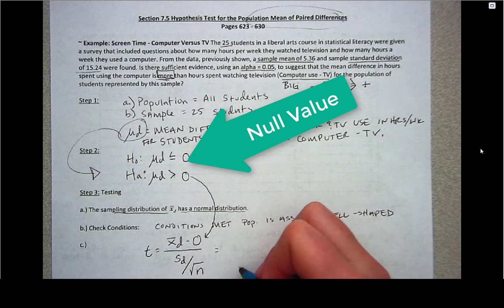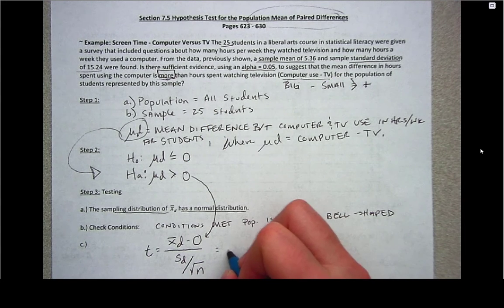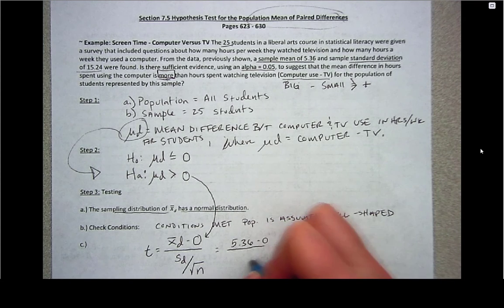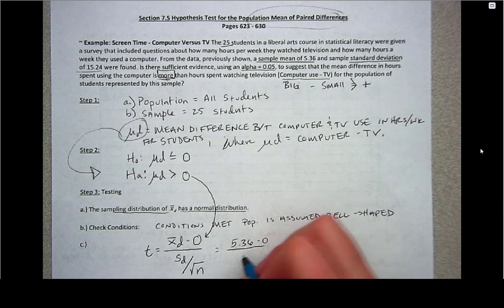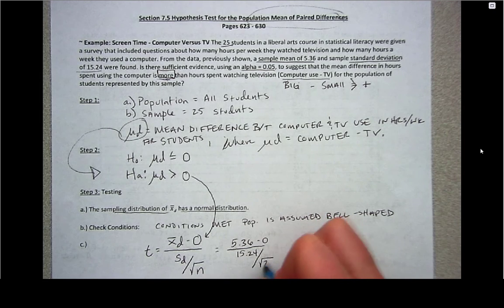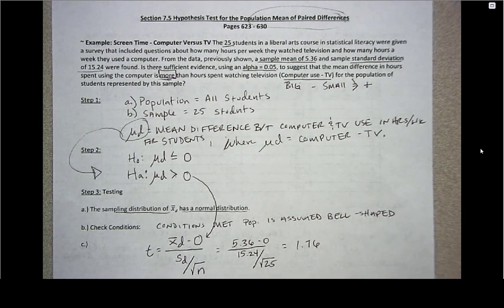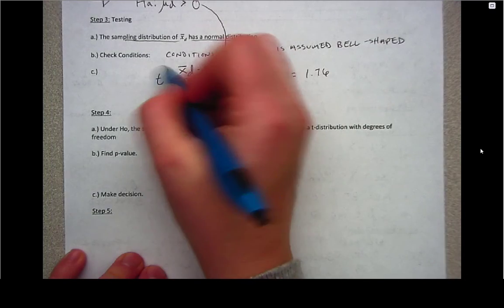So it'd be x bar sub d minus 0 over s sub d divided by the square root of n. So for this problem, our sample mean, as stated in the paragraph, is 5.36, and our sample standard deviation is 15.24 divided by the square root of 25. So I come up with a test statistic of 1.76, which will move us into step 4.